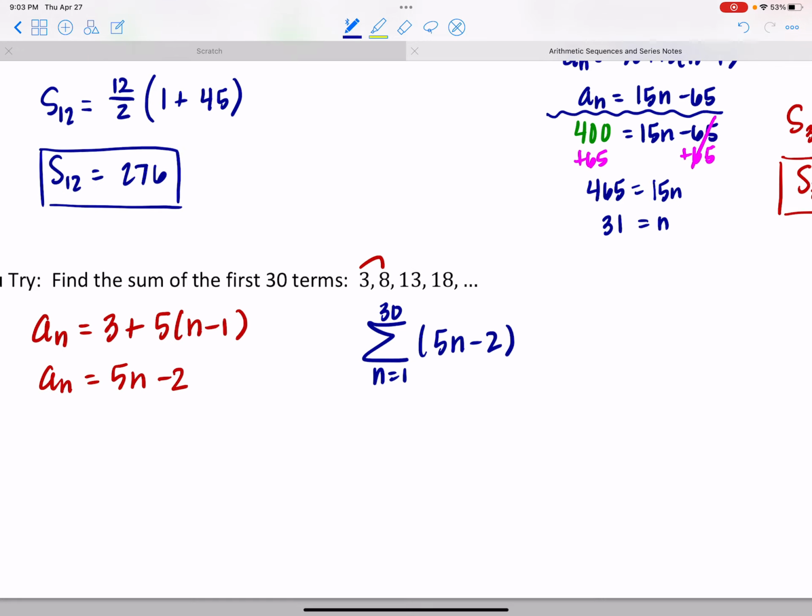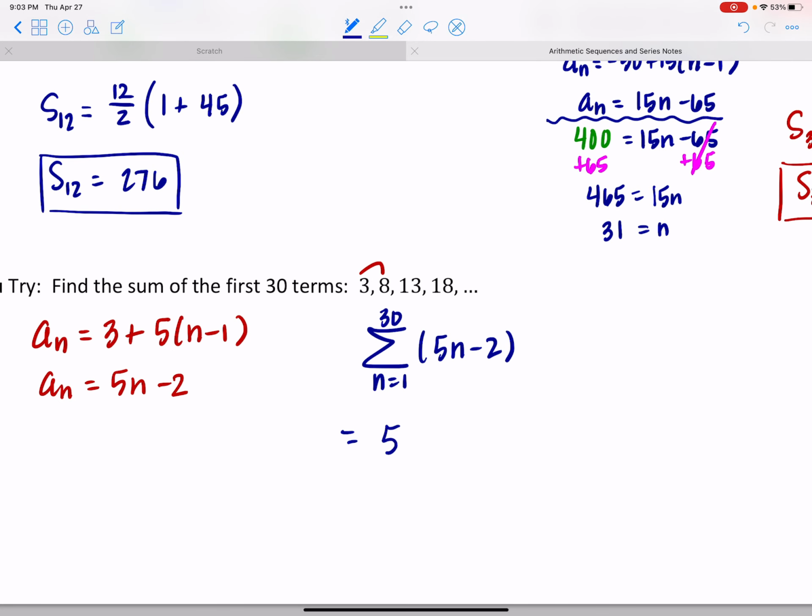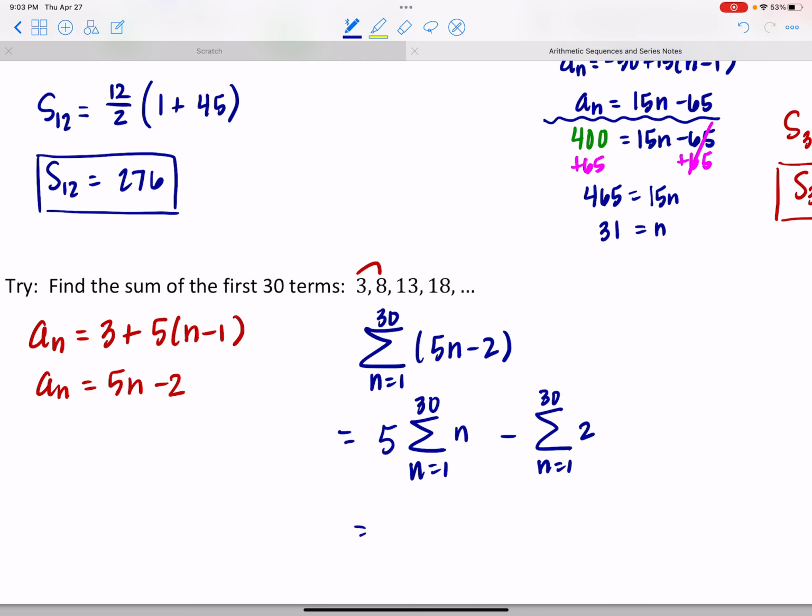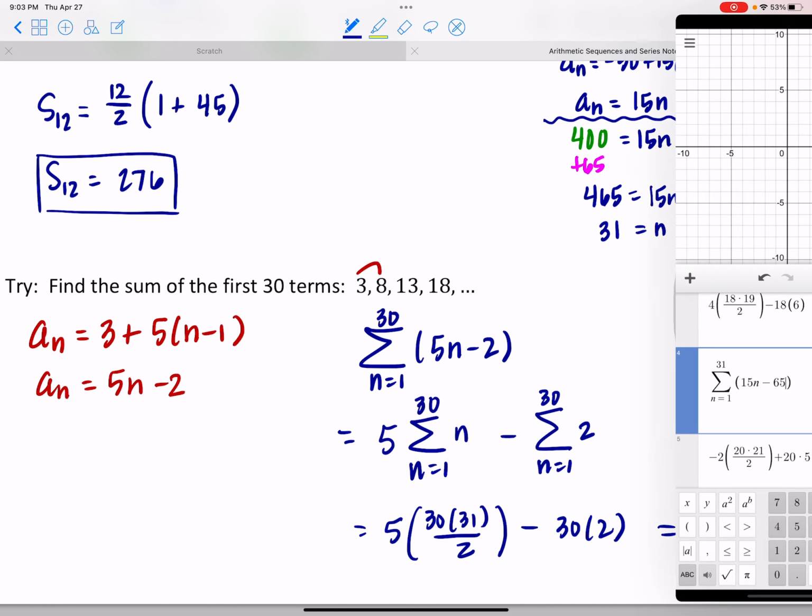So when I separate it, this is 5 times the sum from n equals 1 to 30 of n minus the sum from n equals 1 to 30 of 2. So this is going to be 5 times upper limit, 1 more than the upper limit, divided by 2, minus, we're going to multiply the upper limit and that constant, and then we go to the calculator to get our final answer.